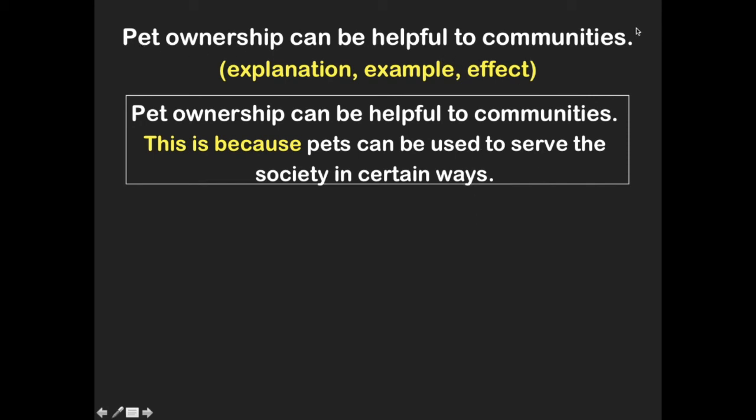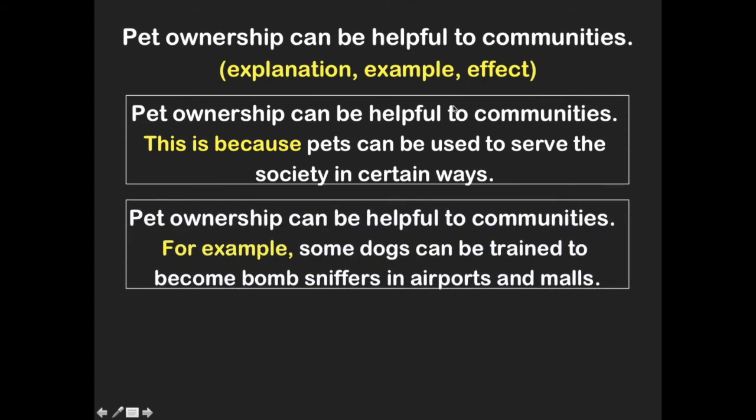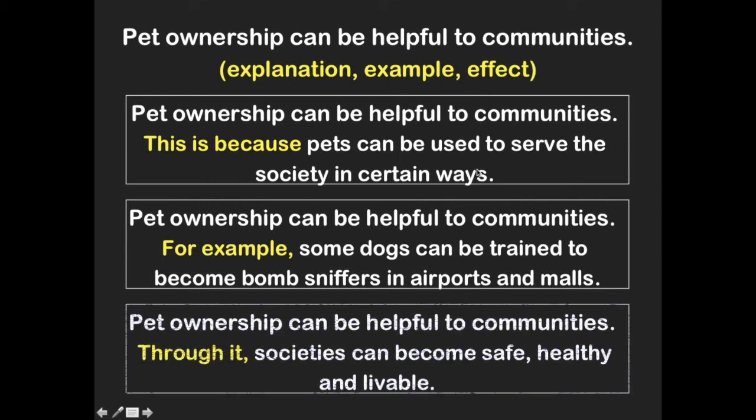If this sentence has to be expanded by way of an example, again, they can use for example or for instance, like what we have over here. And then if they want to indicate an effect, they could use again the words on the board, just like through it over here, or even the words consequently or as a result.